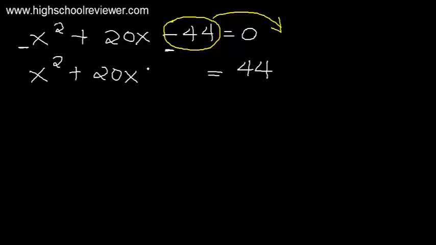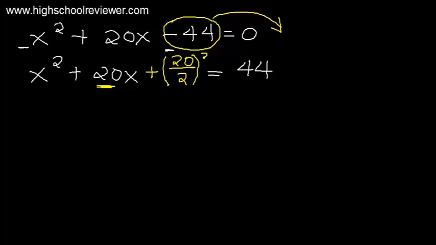Okay. Now, we need to put here a new third term, and we are going to add it. So our new term will be a fraction. The numerator will be the numerical coefficient of our second term, that is positive 20, and the denominator is a constant 2.